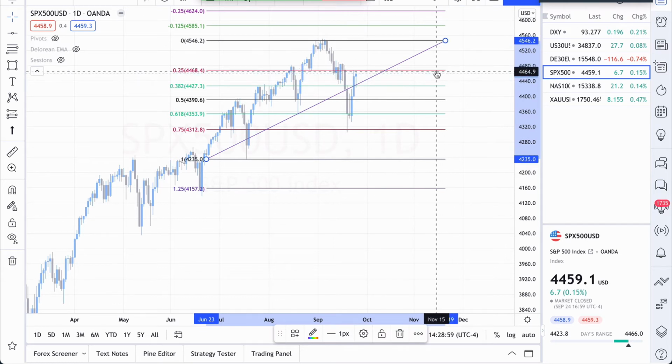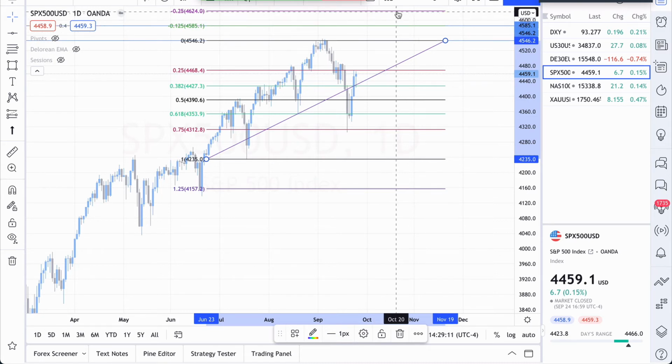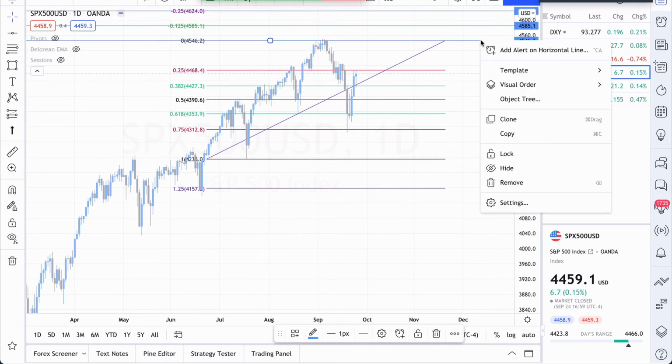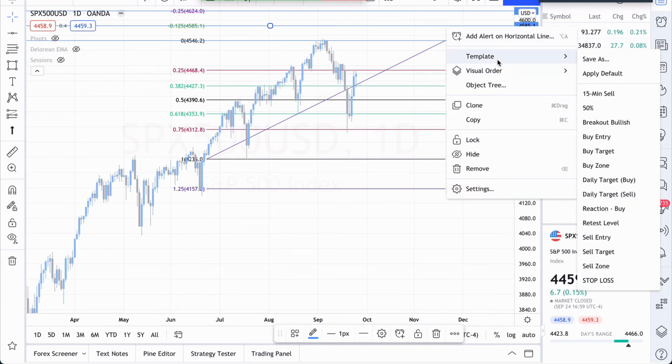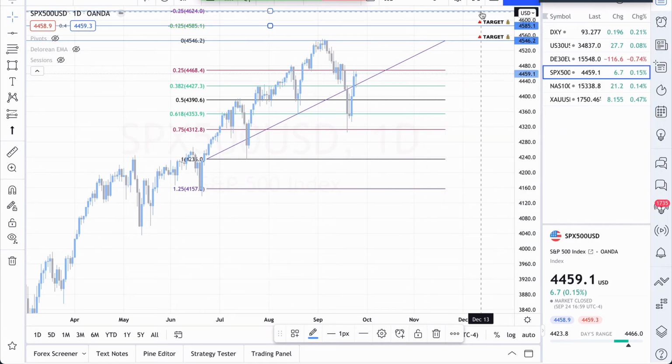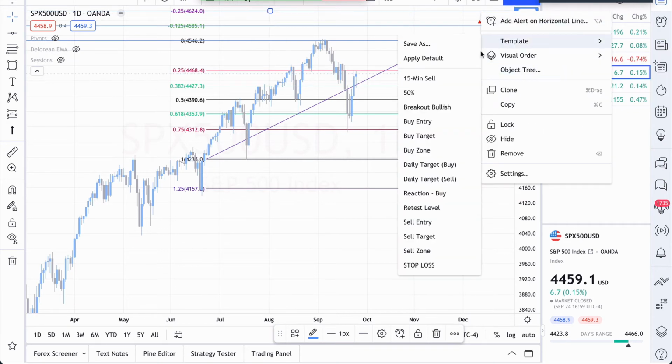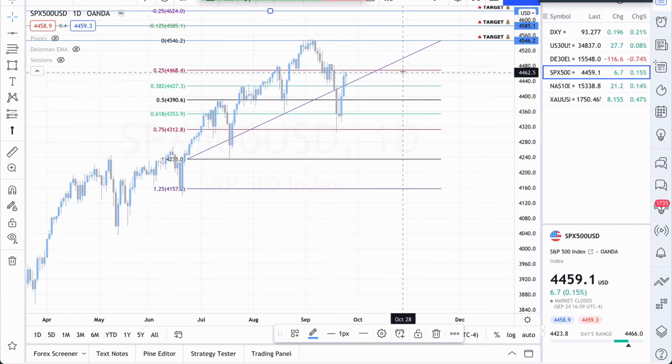So I'm looking for price to break out of this area and come back to these. So these are my targets right here. So this is a buy entry.